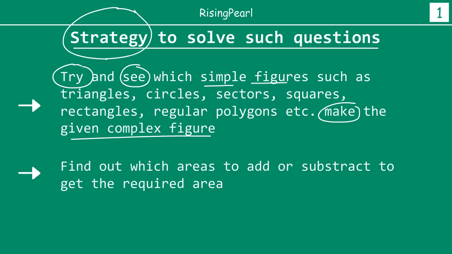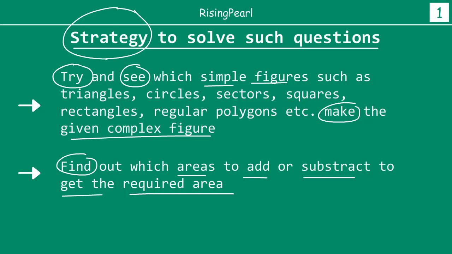What is the second step? The second step of our strategy is that we need to find out which areas need to be added or subtracted to get the required area. The question is always asking us to find the area of a particular part of the given shape.